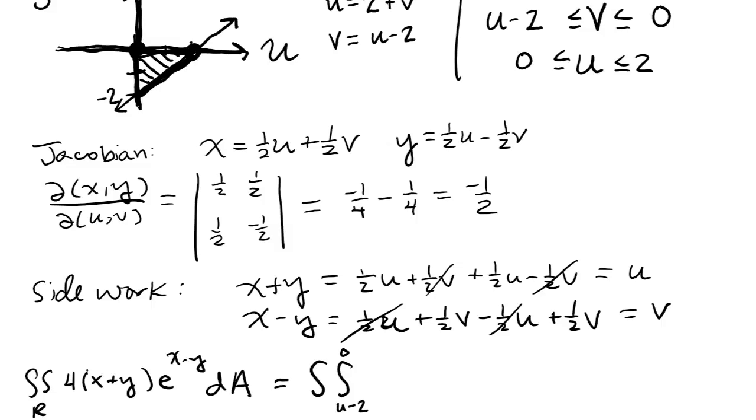The bounds for u go from 0 to 2. We've got 4 times x plus y, which is going to be 4u. And then e to the x minus y, which is going to be e to the v. And then we multiply by the absolute value of our Jacobian, which was -1/2. And we did this dv du.